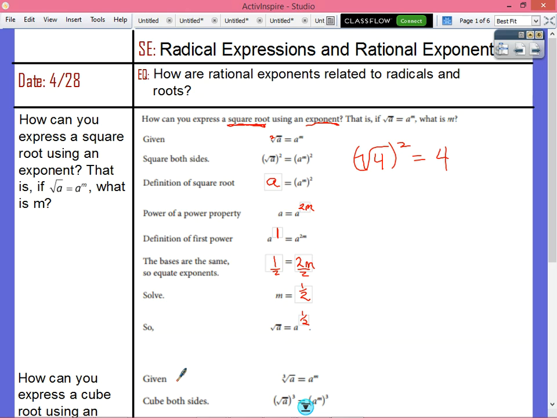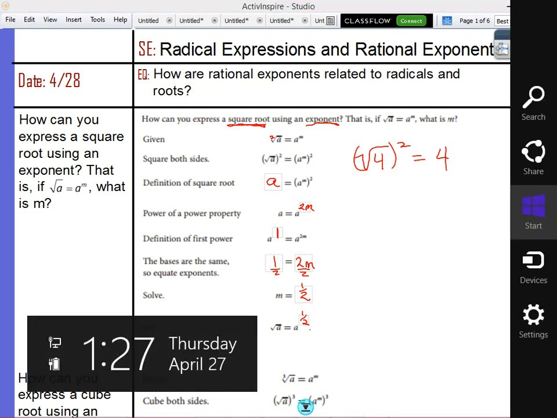All right. So what I'd like you guys to do at this point is do the second part. Basically, you're going to use the same thinking, the same understanding. You're just going to do it with the cube root rather than the square root at this point. Okay, so let's go ahead and pause the video while you complete that next part on your own.